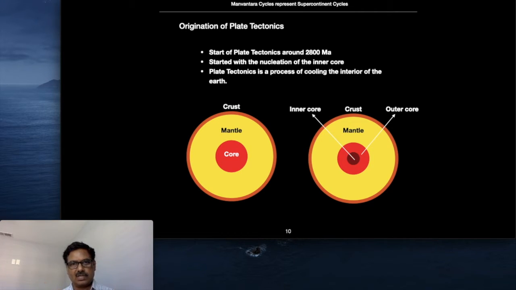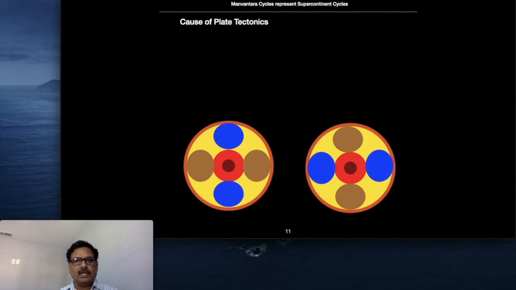As it cools down, it extracts the heat from inside the Earth, and that is basically coming from the solidification of the inner core.